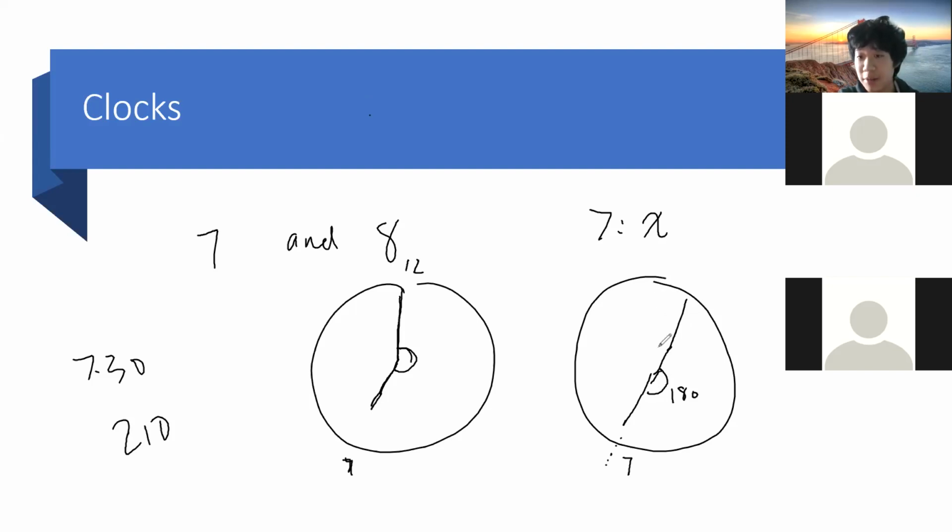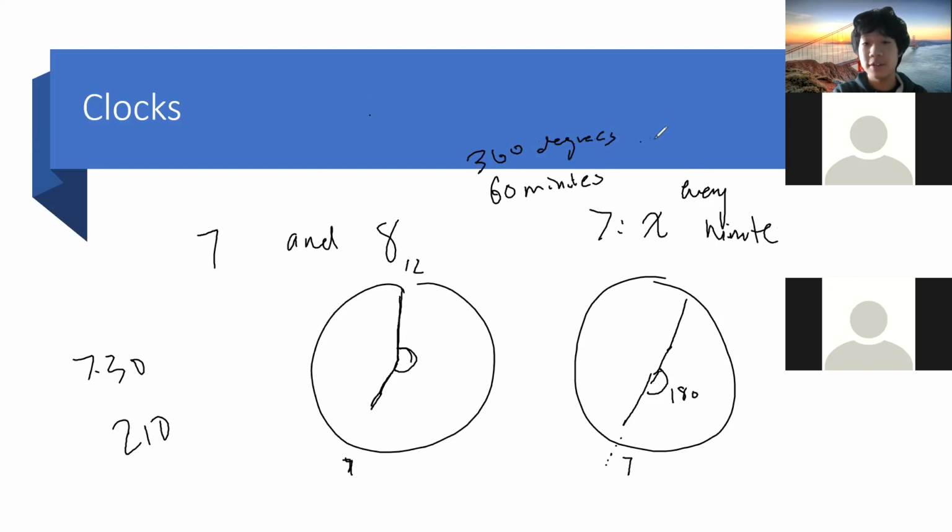Well, how fast does a minute hand move? Every minute, how many degrees does it go past? Well, in 60 minutes, the minute hand goes all the way around the clock, which means that it goes 360 degrees in 60 minutes, which means that's 6 degrees per minute.